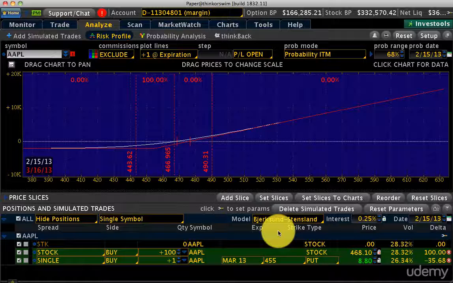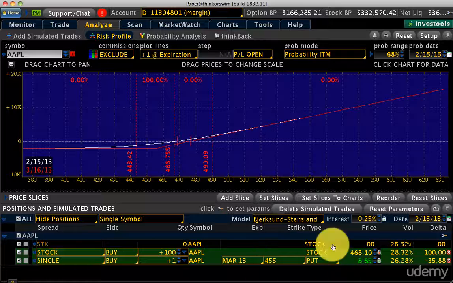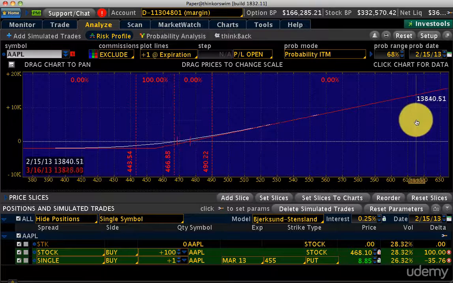If you want to become a master in options trading, there are a few things that you have to know. There are, I would say, 3 legs to the stool. One is the Greeks. You have to know the Greeks because the Greeks dictate how your option prices are going to move. The second is profit and loss graphs. So what you're seeing here is a profit and loss graph.